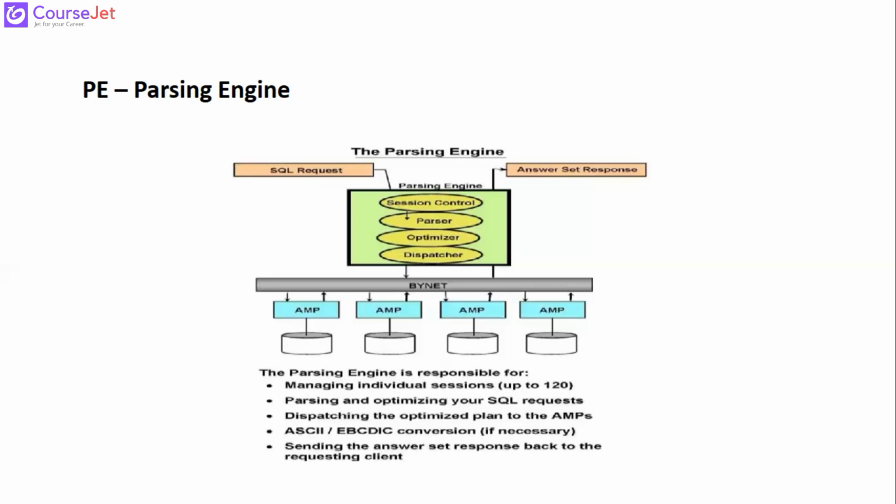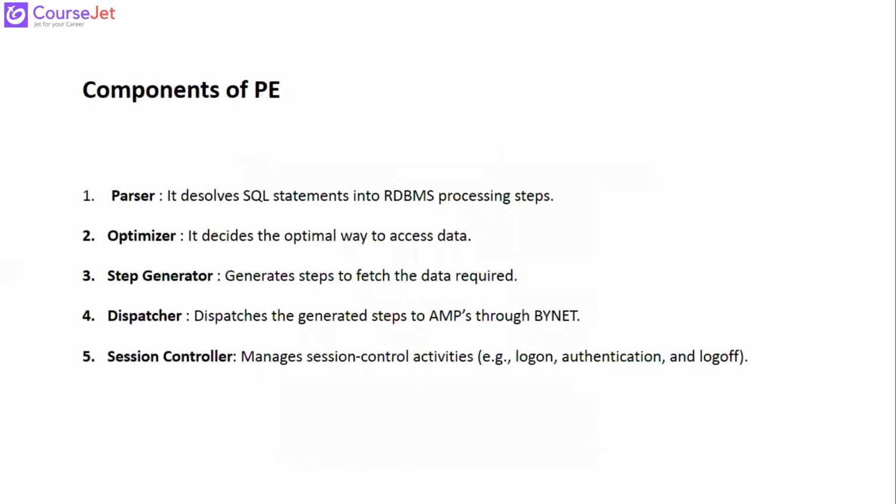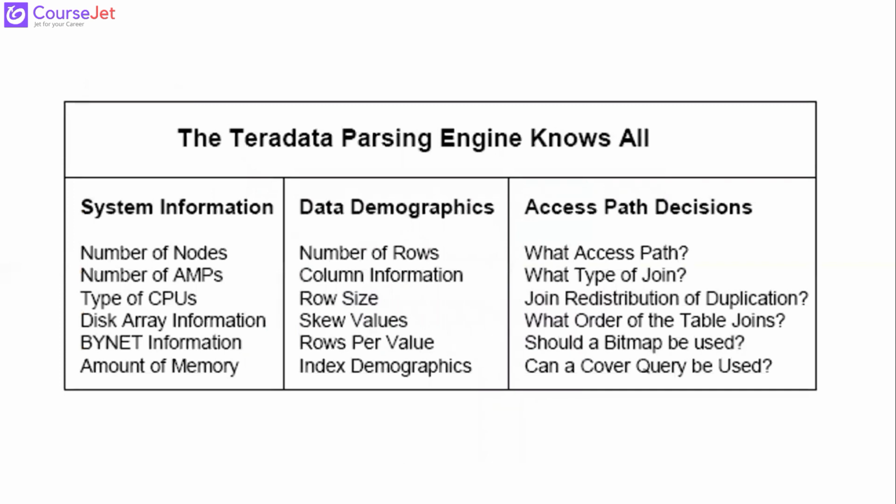Okay, so the PE, the parsing engine. Your parser engine will know everything about your system: how many nodes the system has, how many AMPs it has, the type of CPUs, and the data demographics like number of rows, column information, and skew values.